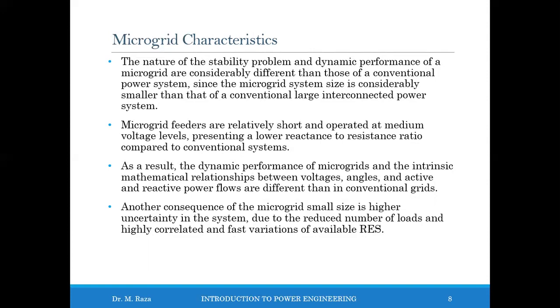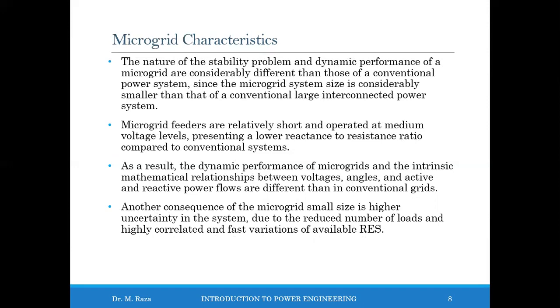Microgrid feeders are relatively short and operated at medium voltage level, presenting a lower reactance to resistance ratio compared to conventional system. As a result, the dynamic performance of microgrids and the mathematical relationship between voltages, angle, and active and reactive power flow are different than in conventional grid.